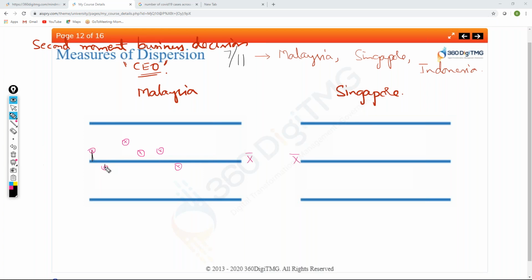How far away each point is from the average is called dispersion.